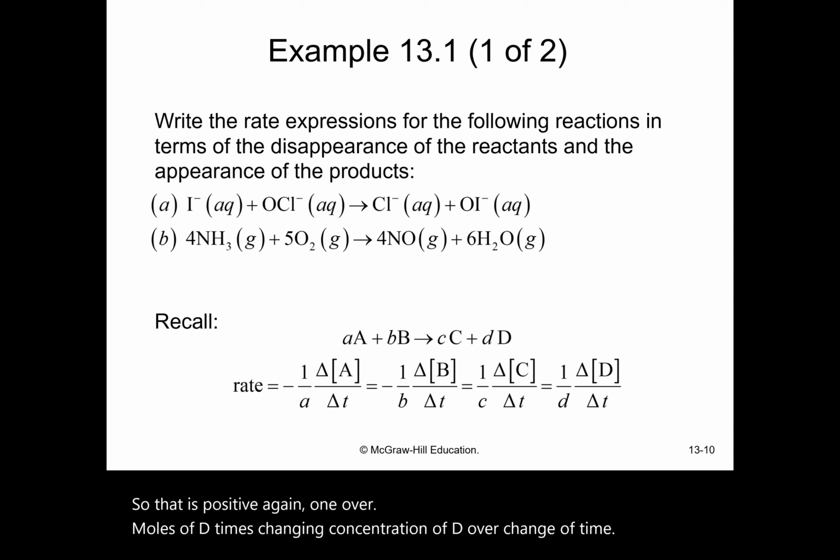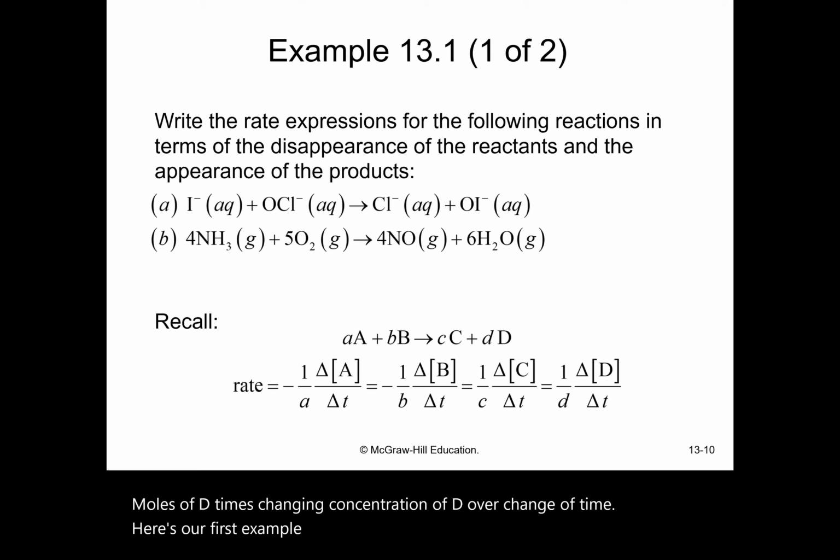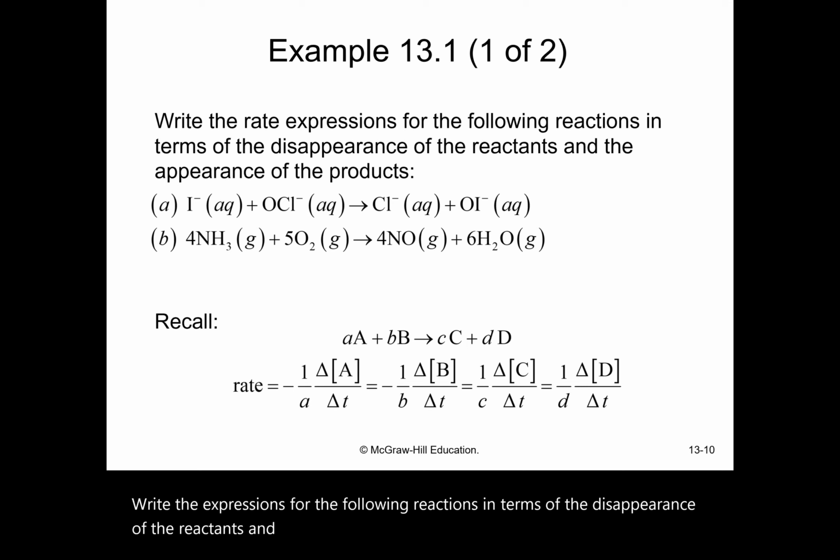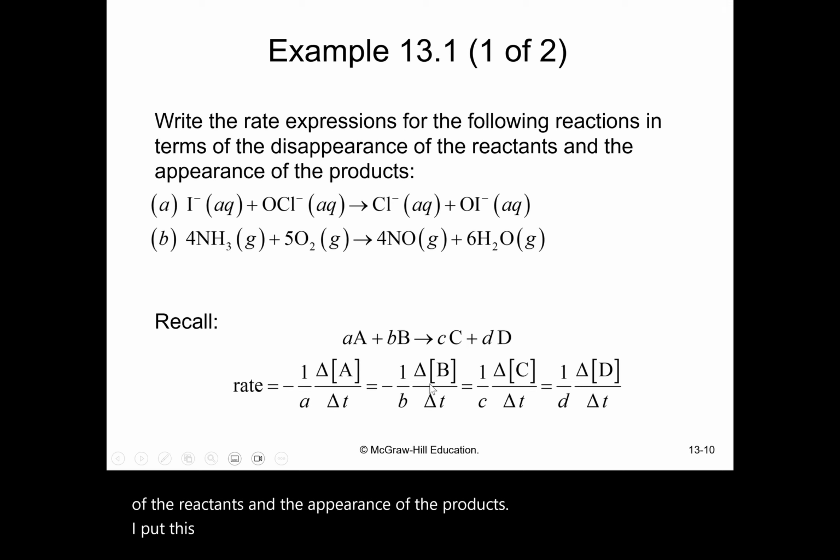Here's our first example. Write the rate expressions for the following reactions in terms of the disappearance of the reactants and the appearance of the products. I put this equation here for you so you don't have to go back to the slide before.